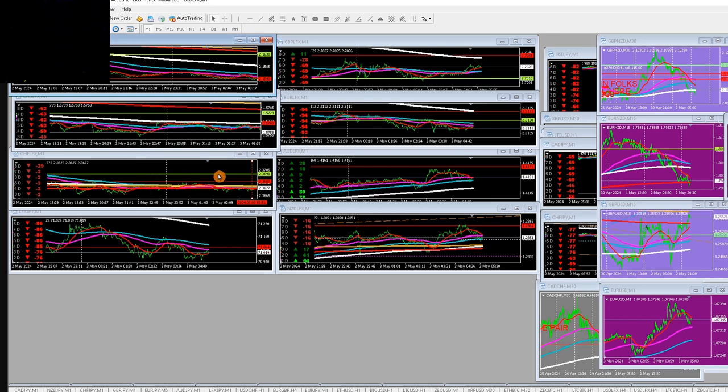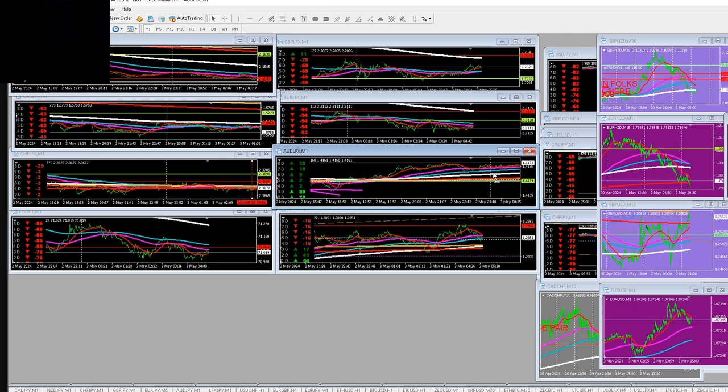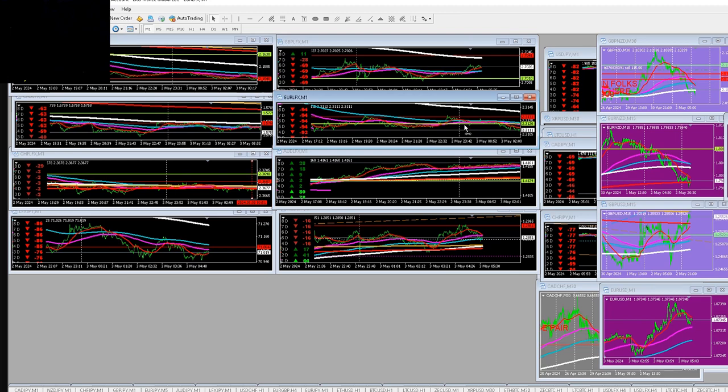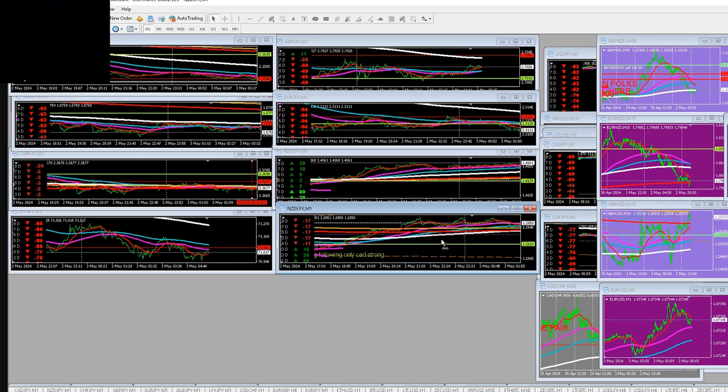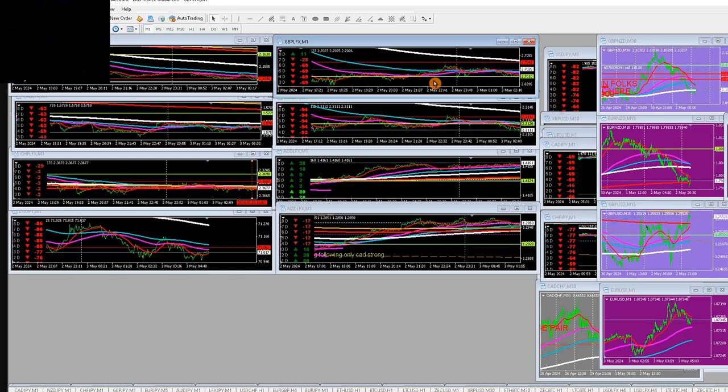The CAD is weak, right? The Aussie's strong during that time. The Euro's kind of strong, but not as strong as the Aussie. New Zealand's really strong. And the pound is strong. So with the Swiss being able to hold itself here during that time, while the others are strong and the Swiss doesn't drop, it really is showing us a little Swiss strength. So we're looking for these type of clues.